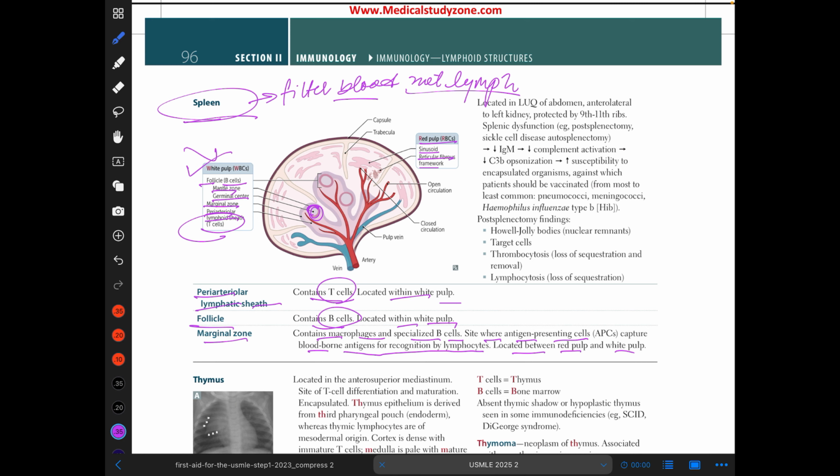If you know about the activation of macrophages or opsonization of macrophages, then I want to say that, for example, this is a macrophage.